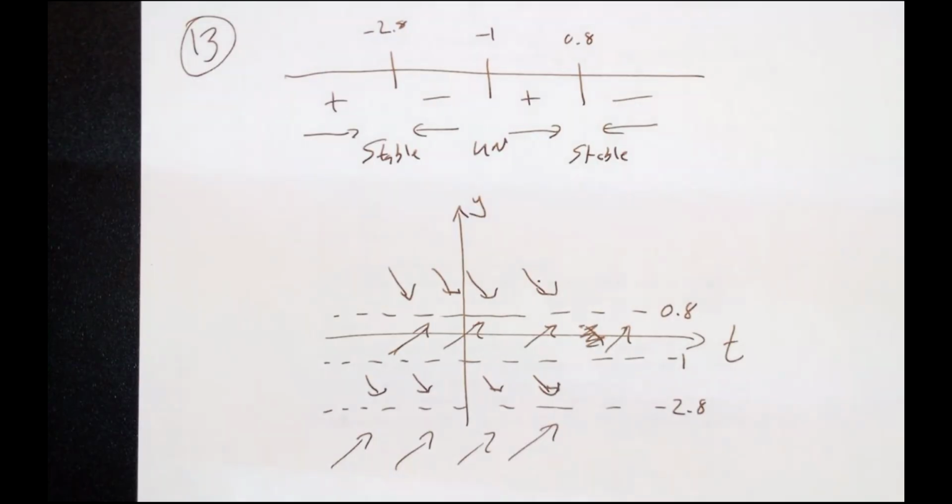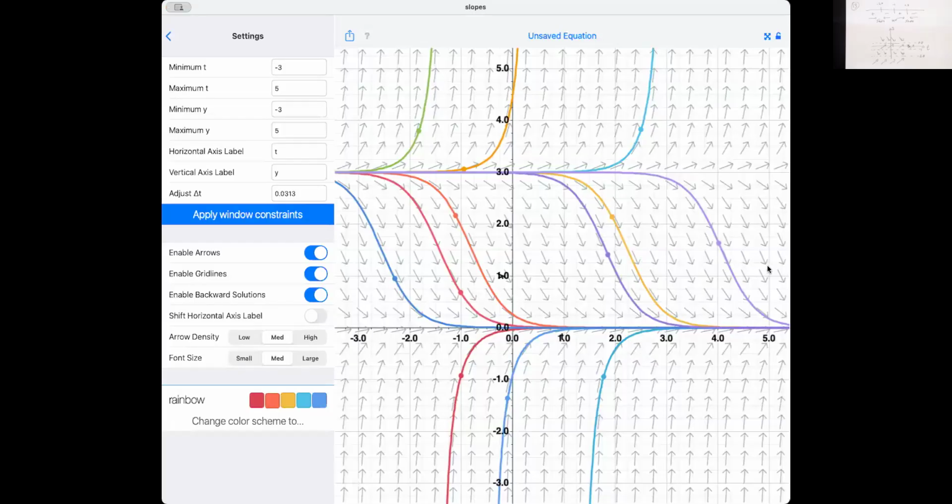Please notice, back in our picture, of all of these graphs with the slopes, we had a whole bunch of graphs down here below 0, a whole bunch of graphs up there above 3, a whole bunch of graphs in the middle between 0 and 3. And they all look just about the same, don't they?